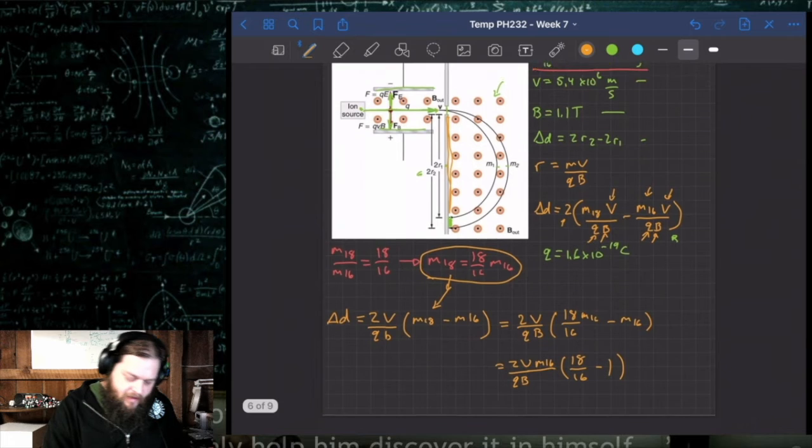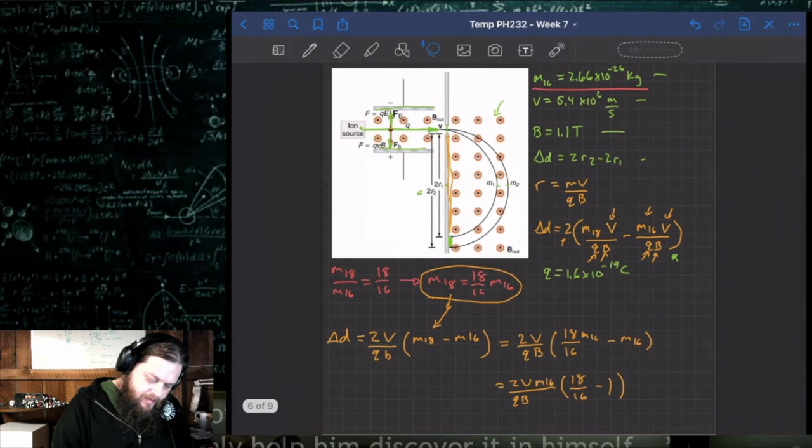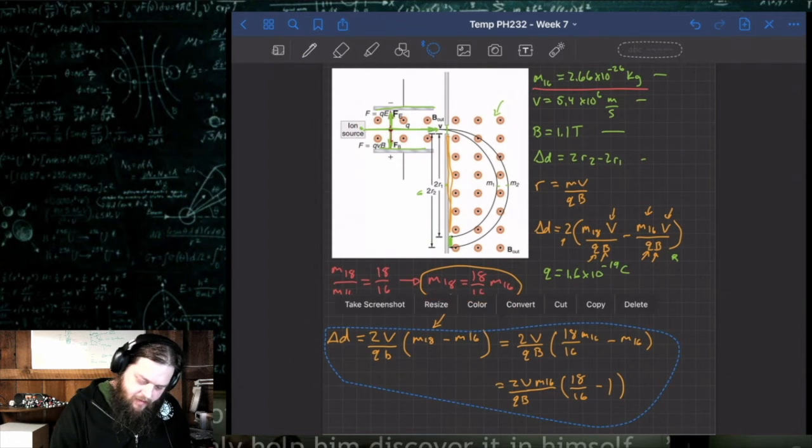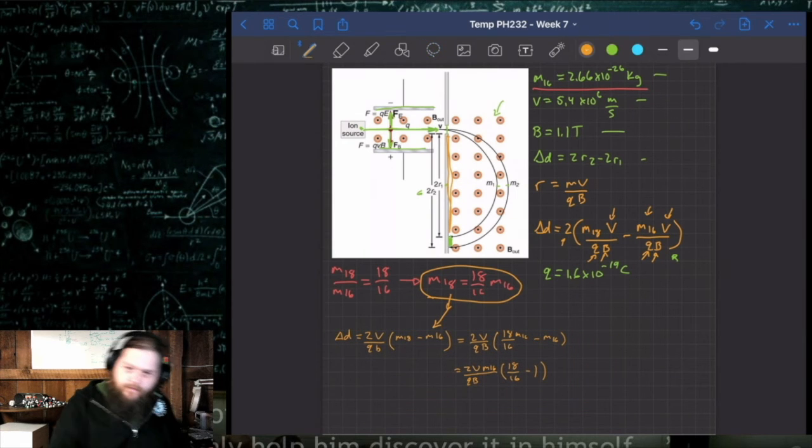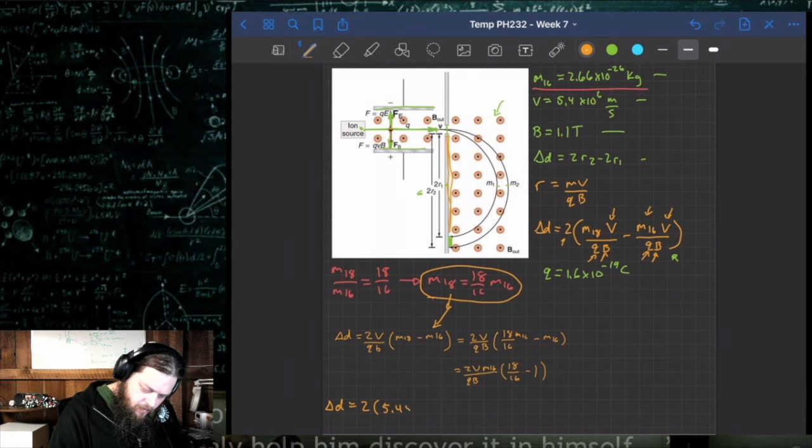And now we can plug in our values. I'm running out of space, so I'm going to make some of this a little bit smaller. Plugging in the values, we have delta D is equal to 2 times 5.4 times 10 to the 6 meters per second, times the mass 16, which was 2.66 times 10 to the negative 26 kilograms.